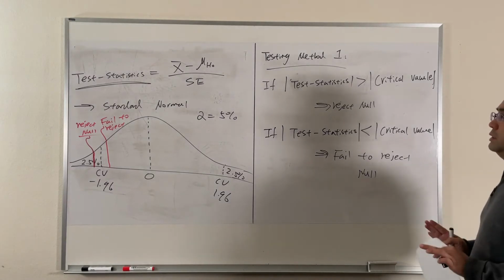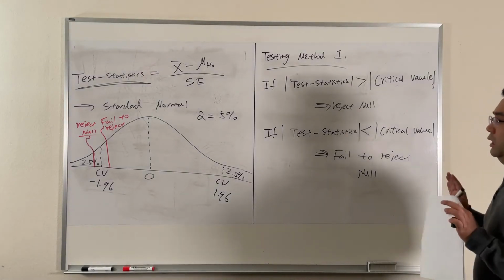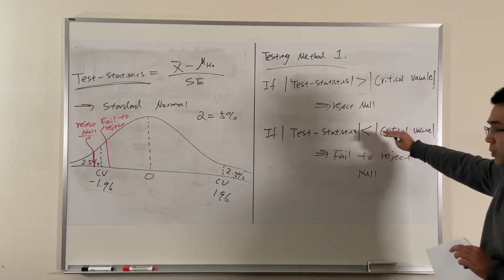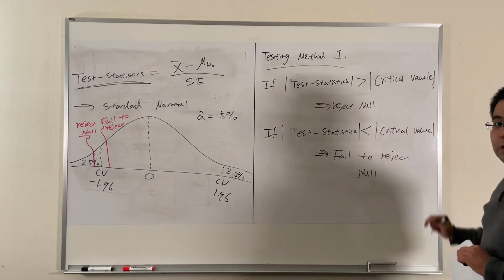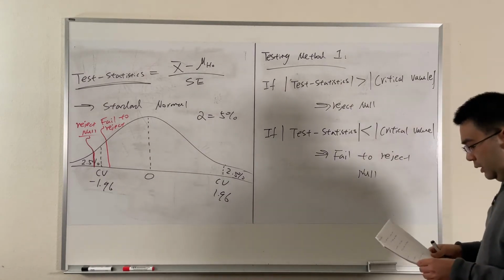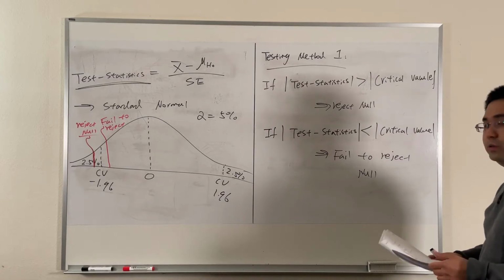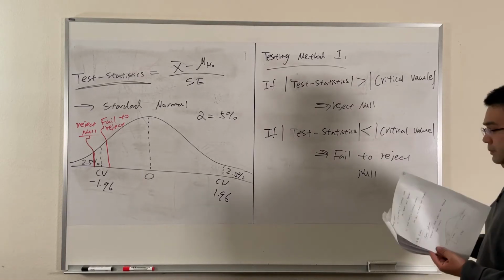So this is the concept of test statistics and how you would use test statistics to make your decision, whether you reject your null or fail to reject your null. Okay. Now I want to talk about the concept of p-values and how you would use p-values to do testing.